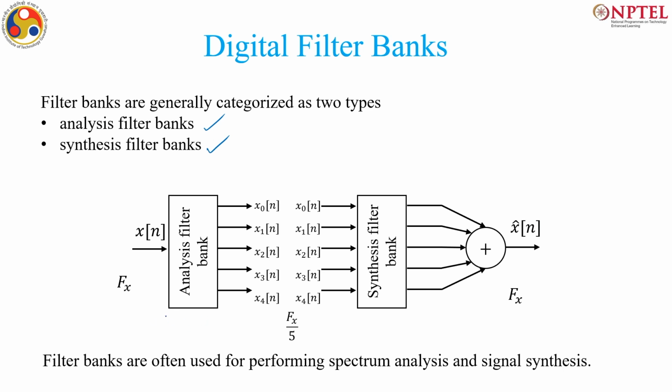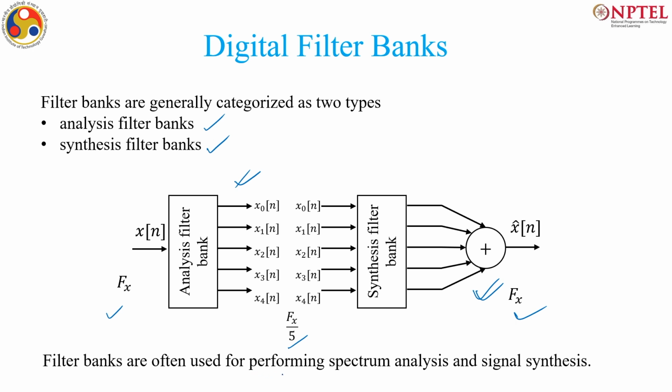The analysis bank will split the signal into several signals which have a lower sampling rate, whereas the synthesis filter bank will take signals at lower sampling rate and then sum them to form an overall signal. On this side and this side, the sampling rates are the same, whereas since I have used 5 such components, the sampling rate of each component will be fx by 5, considering this is a uniform filter bank.